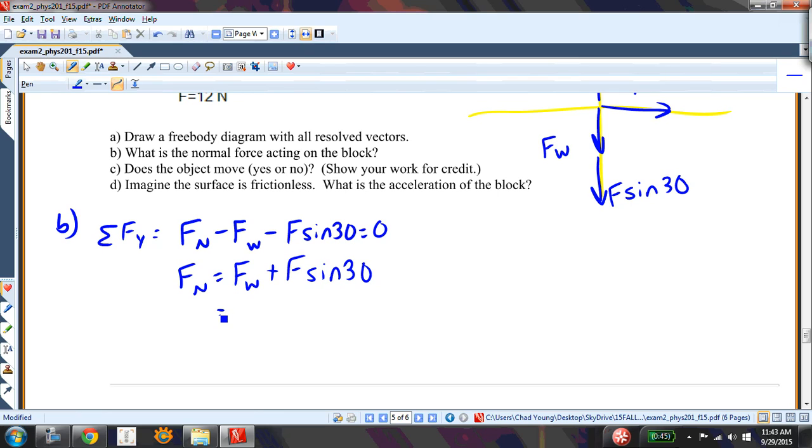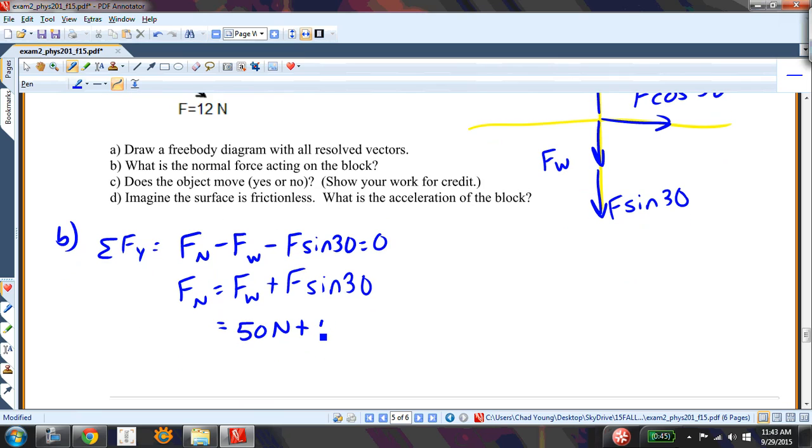Fw, this is a 5 kilogram block, so it's 50 newtons, plus F, which is 12 times the sine of 30. 50 plus 12 times the sine of 30 is 56. So that's my normal force. My normal force is bigger than the weight because it has that extra force that's pulling down. And so that's B.